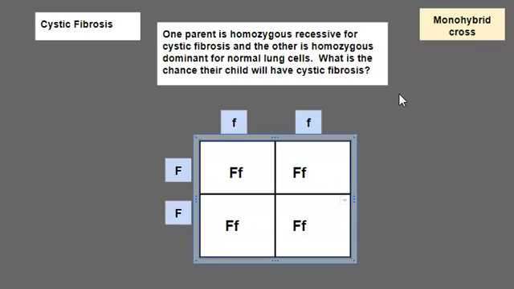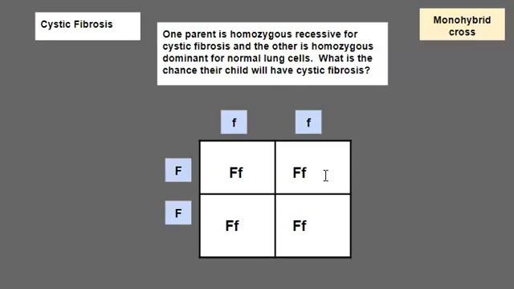So the question was, what is the chance their child will have cystic fibrosis? To figure this out, we have to read the allele combinations. We have big F, little f for every possible situation. So we have to use our knowledge now of dominance and recessiveness to figure this out.